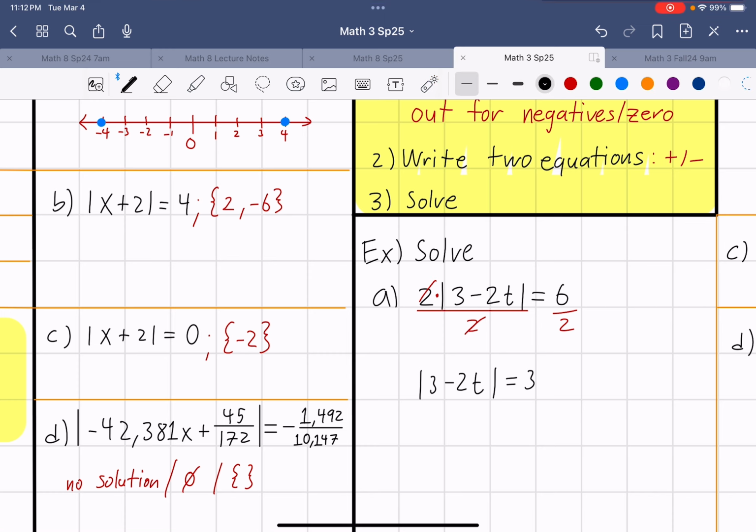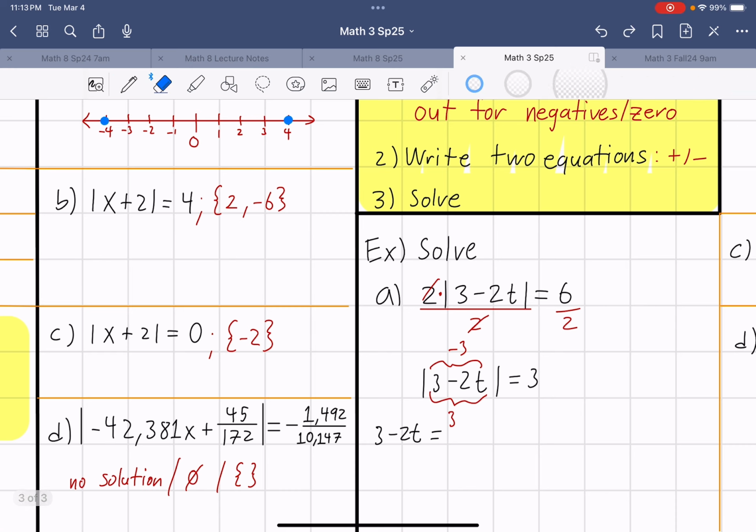So the idea is I want this absolute value to become either 3 or negative 3. And that's where the 2 equations come from. I'm going to write 3 minus 2t equals positive 3, or 3 minus 2t equals negative 3.